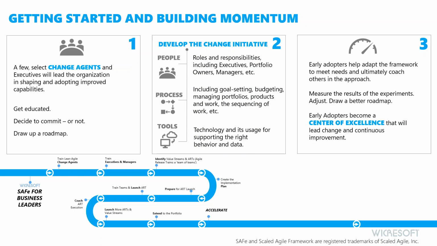After that education and training on SAFe, we want to regroup with those same people, those same early adopters and change agents, and say, okay, what do we want to do with this training we've just experienced? The key is that this is a framework.